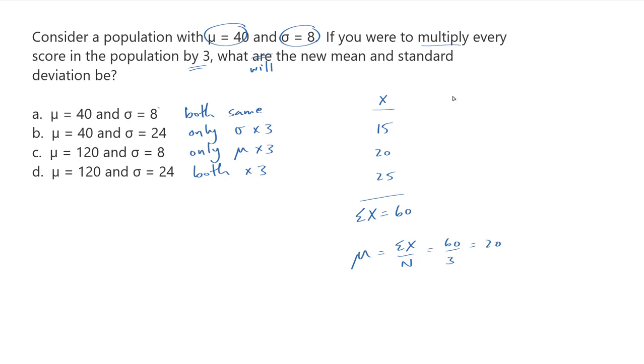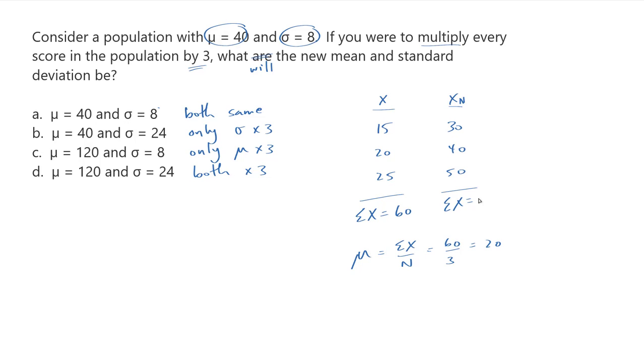Now, I'll call this little subscript n. This is my new x. Let's say that I double everybody's money. The company's doing really well, so I'm going to double everybody's hourly wage. So 15 becomes 30, 20 becomes 40, and 25 becomes 50. Have a look at my new sum of x.